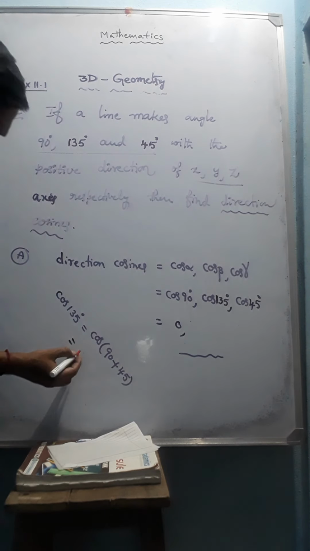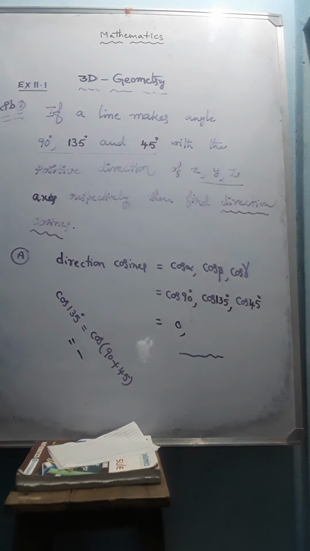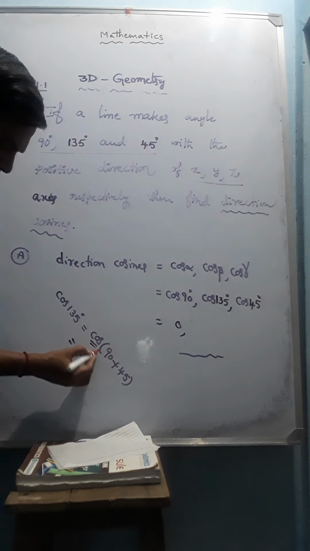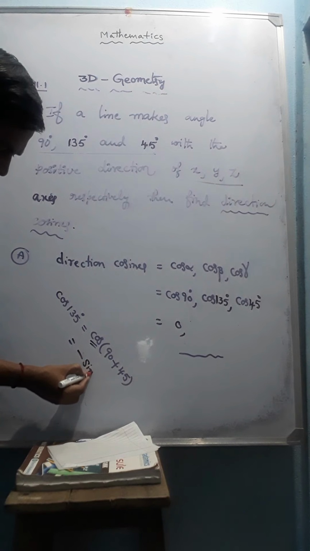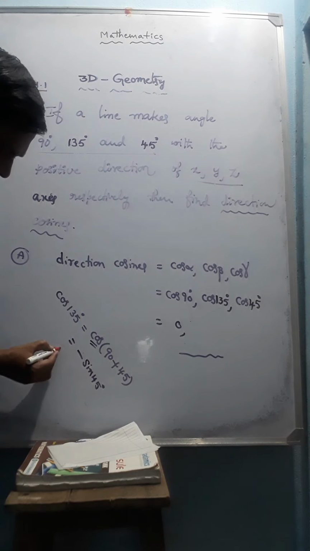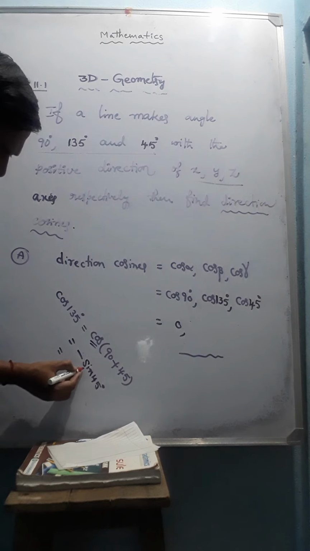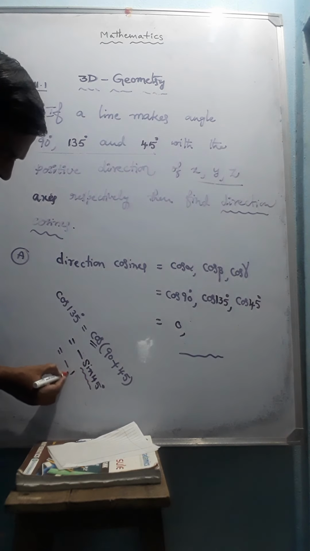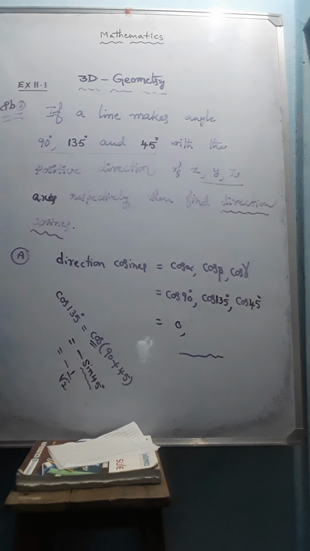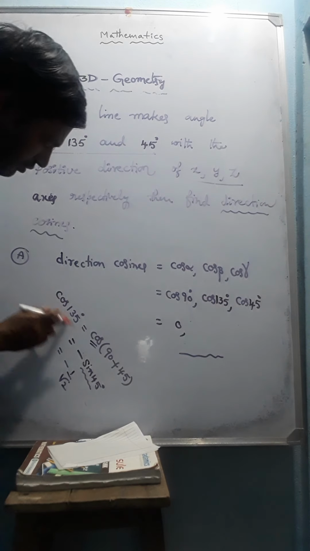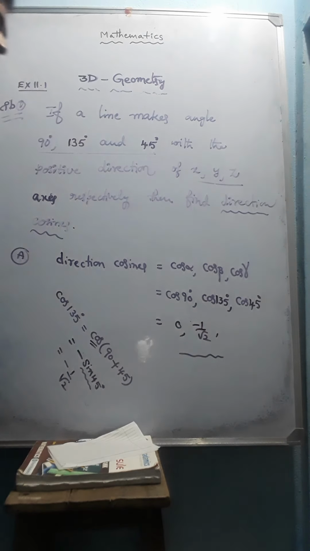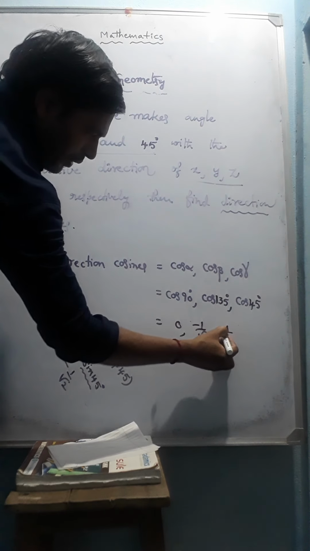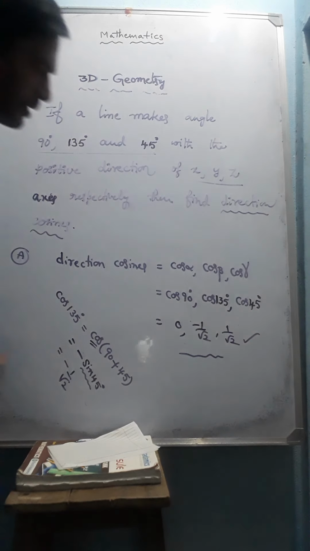So here you get a negative symbol. Next, here cos is there, so the opposite trigonometric function is sine, so sine 45 degrees. Then this value is equal to minus sine 45 degrees, which is minus 1 by root 2. So cos 135 degrees value is equal to minus 1 by root 2, comma, cos 45 degrees value is 1 by root 2. That is the answer.